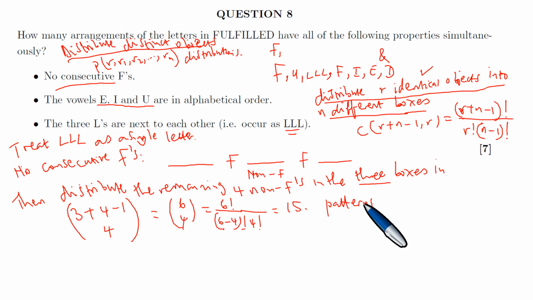Right, next we calculate the number of the ordering of the non-Fs in their 5 positions.